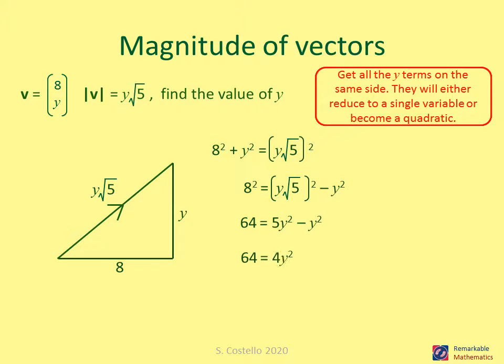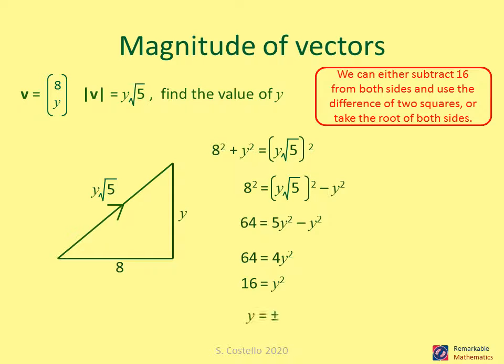So we combine that. 64 equals 4y squared. Divide both sides by 4. So now we have 16 equals y squared. We can either subtract 16 from both sides and use the difference of two squares, or take the root of both sides. Using the difference of two squares wouldn't be the easiest option, because we're going to end up with two solutions for y.